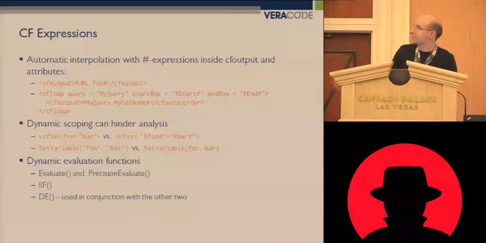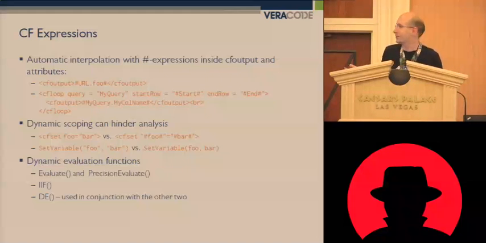As I mentioned earlier, this is how you interpolate data. A lot of you probably know a lot about how this works. It's pretty simple. If you've ever written a dynamic application, you've dealt with stuff like this. ColdFusion does have some pretty interesting features. There's eval. There's two different forms of eval.